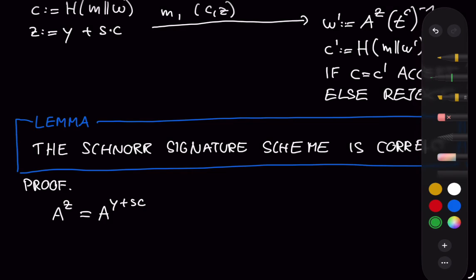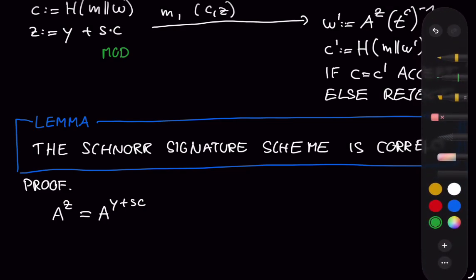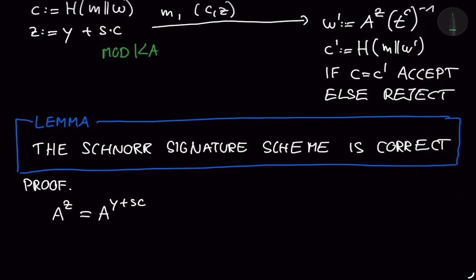So this can be considered mod the order of the cyclic group. So the Z can be considered this value modulo the order of the cyclic group. So we can also write it like this: the order, the cardinality of the group generated by A.